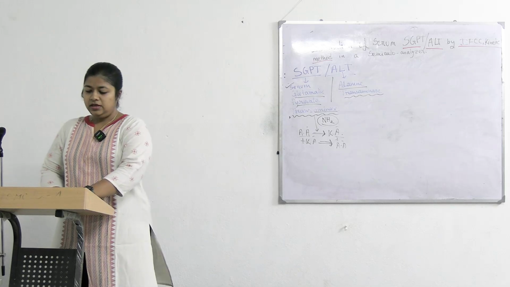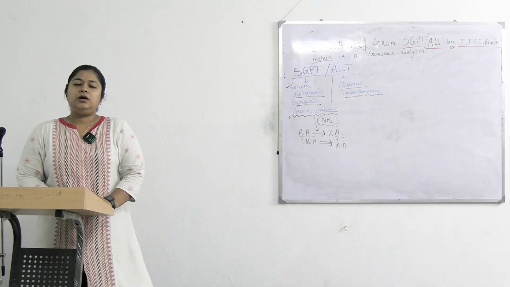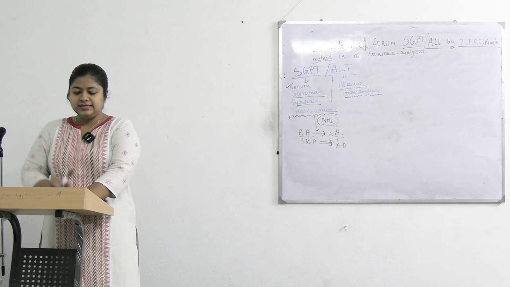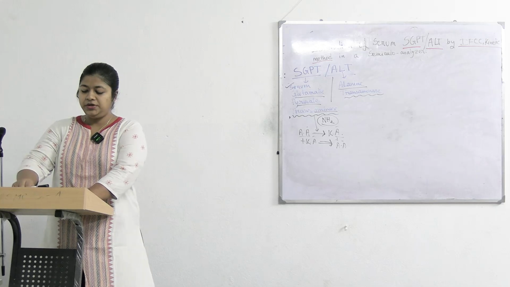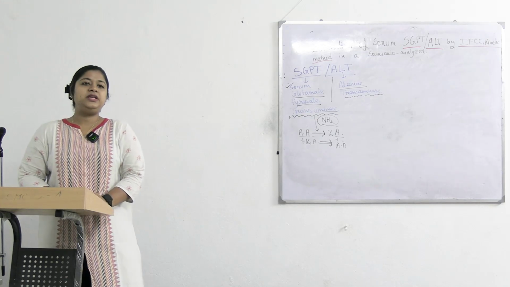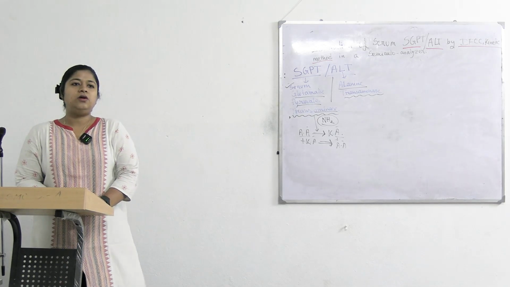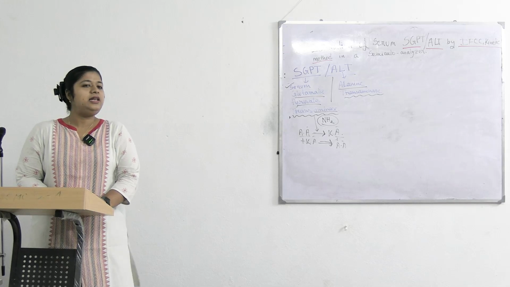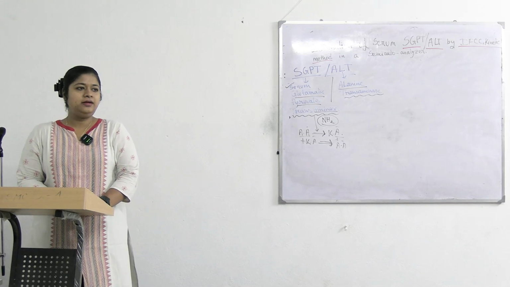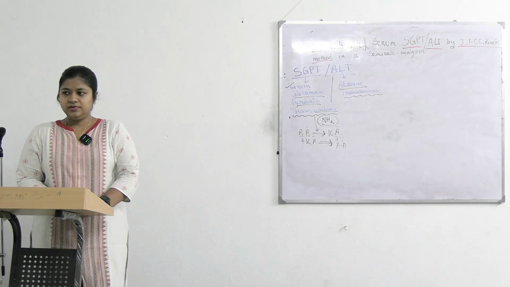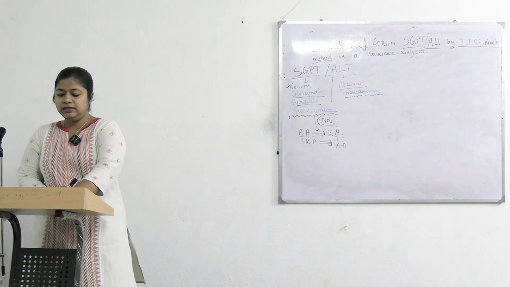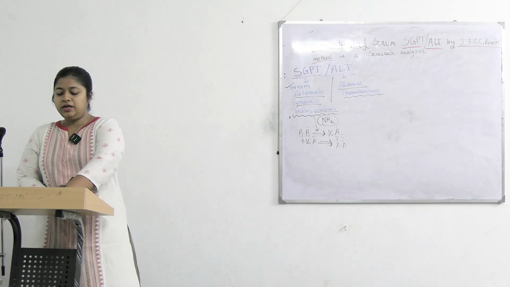Okay, and what is the source of this enzyme? Where is this enzyme found? Transamination of amino acid occurs where? In liver, mainly found in liver cells. Okay, now come to the estimation method.